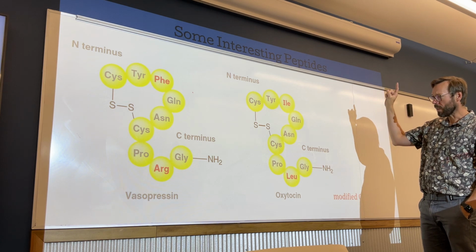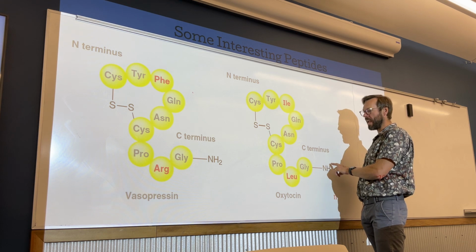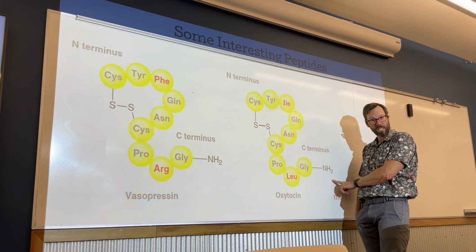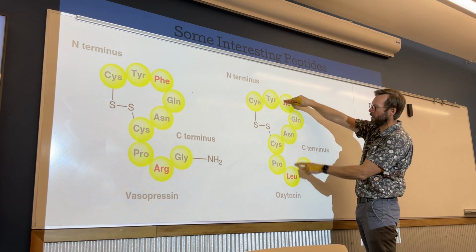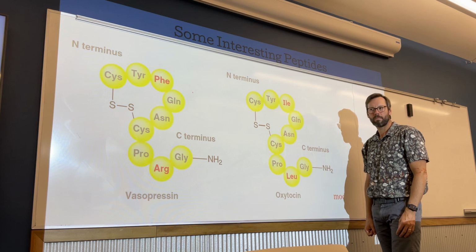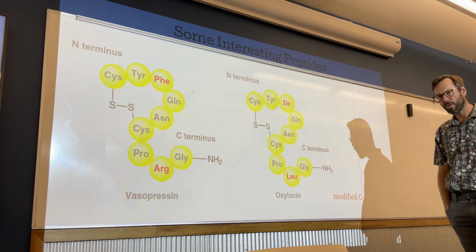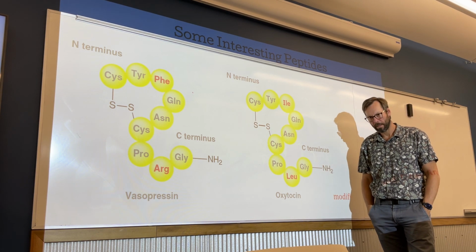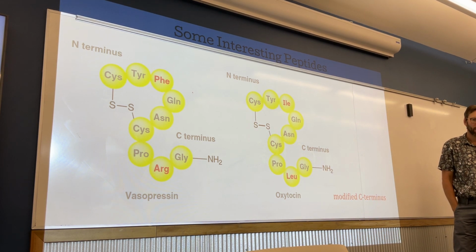And these are examples of peptides that are the same in number, both have this modified C-terminus, and differ just in the position of the third and the eighth amino acid. And because of that, they have pretty different functions, even though they have a very similar structure.